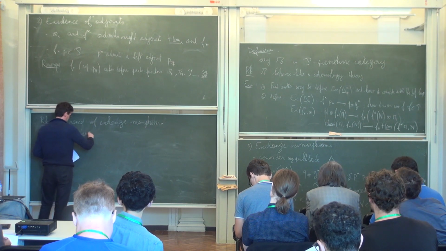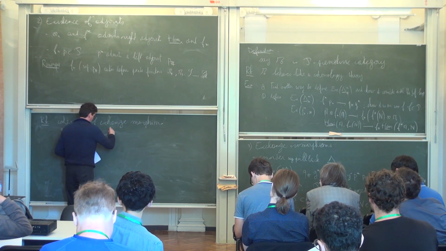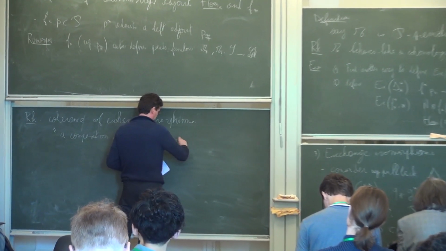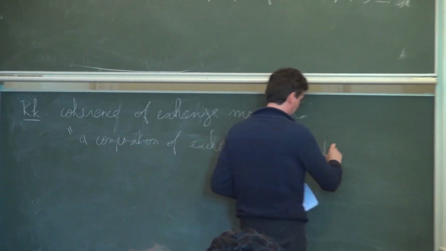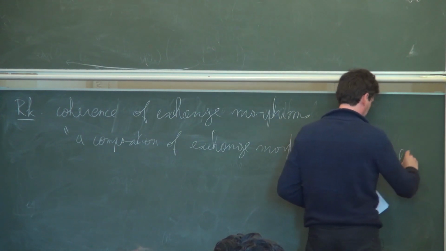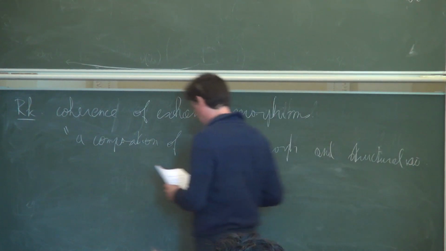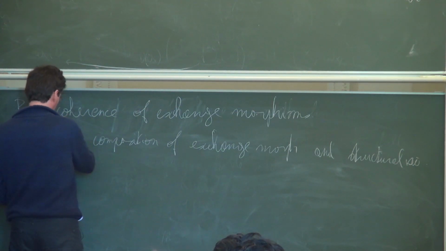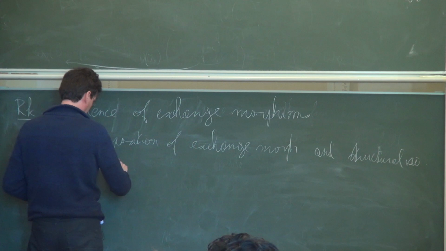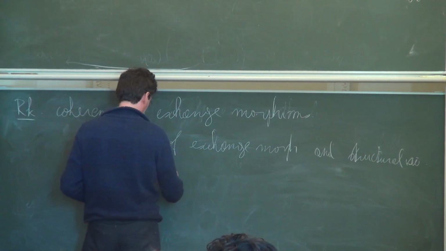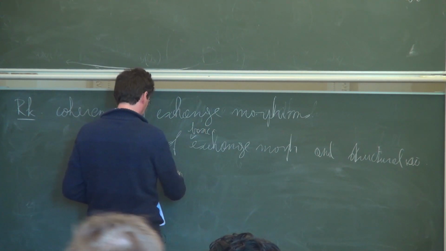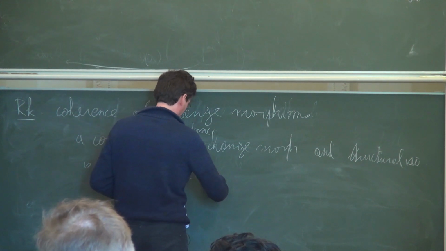The composition of exchange morphisms and maybe structural isomorphisms of pseudo-functor, say, so first, say such a thing is called more generally exchange. So I will say basic exchange morphisms. Such composition is called just an exchange morphism.